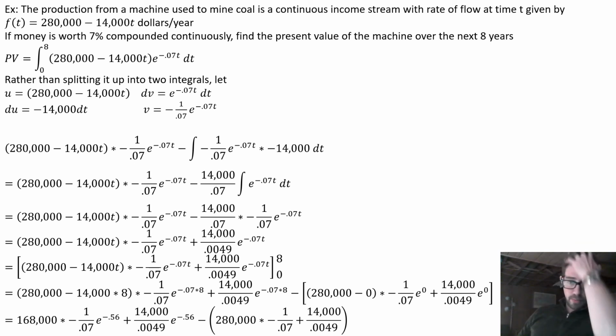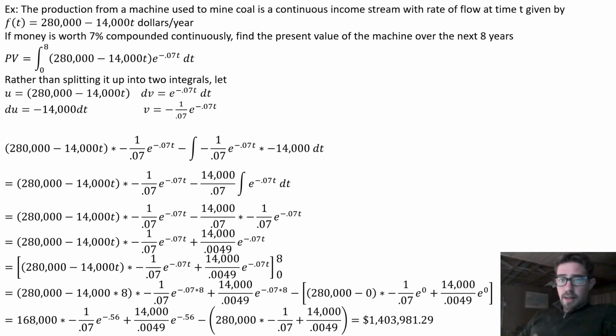Whatever number you get, well, here's the number I got. You can check that two ways. In your TI calculator, you graph the original thing. Graph 280,000 minus 14,000 t times e to the negative 0.07 t, whatever that looks like.